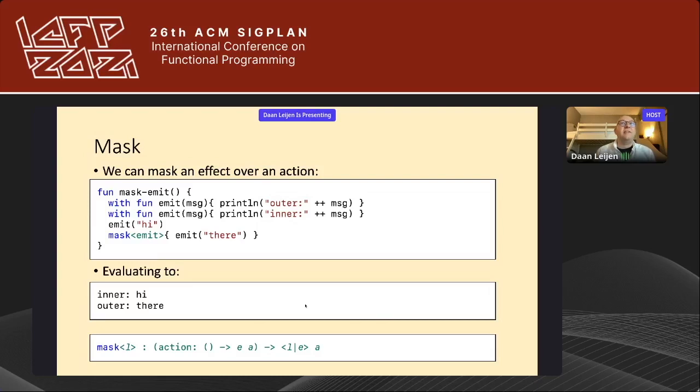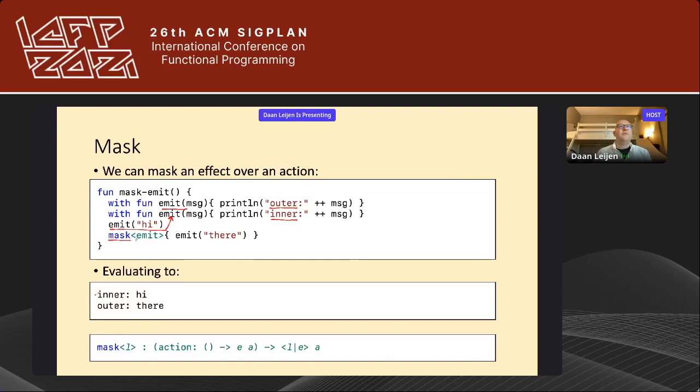So the idea is that you could have multiple handlers for something in scope. Like here I have two emit handlers or operations. One is the outer one, and the other is the inner one. And when I call emit here, I of course will go to the innermost handler, so I will print inner.